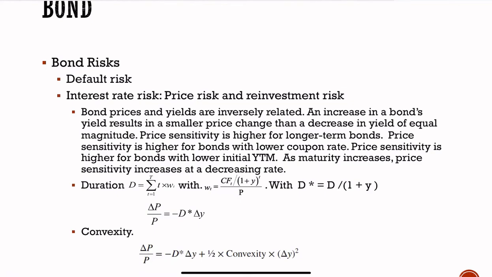And you can see that price risk and reinvestment risk are in opposite directions. What I'm saying here is if bond yield increases, then bond price decreases. However, the reinvestment return from reinvesting your coupon payments actually increases, right?